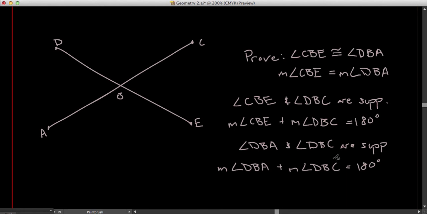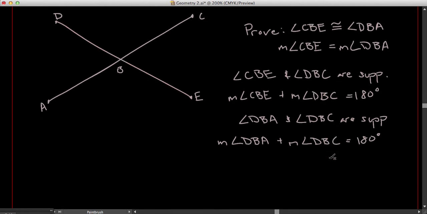Okay. So if we know these two things, let's rearrange these equations a little bit. If I rearrange these, let's see if I change colors here, might help out.